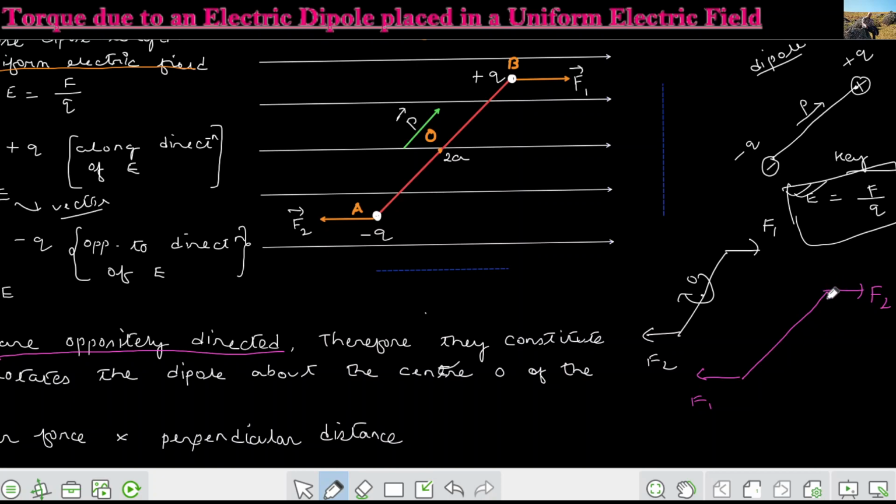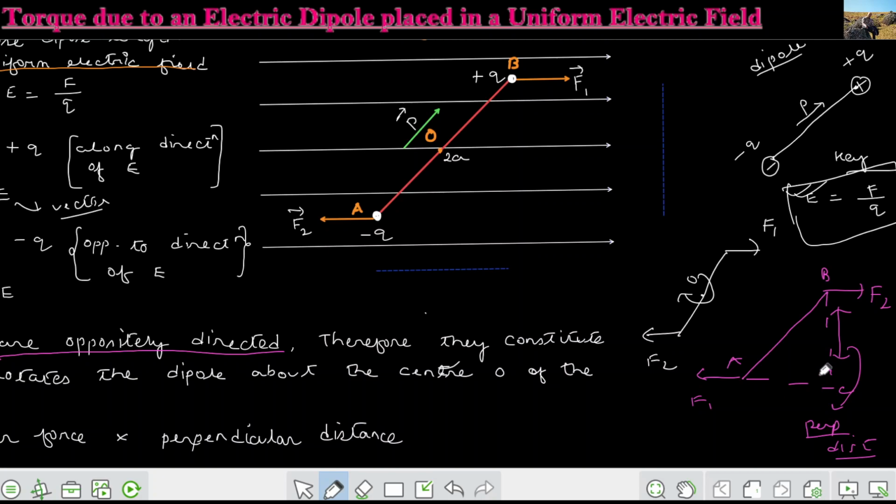The perpendicular distance between the forces is in this direction. If I name the points A, B, and C, this BC is what is known as your perpendicular distance.